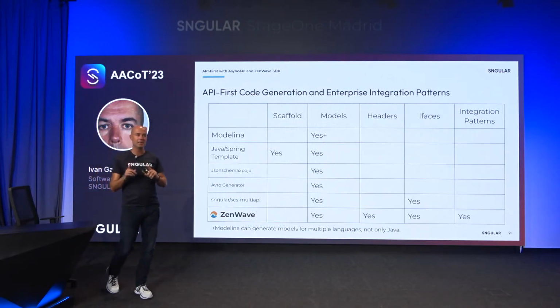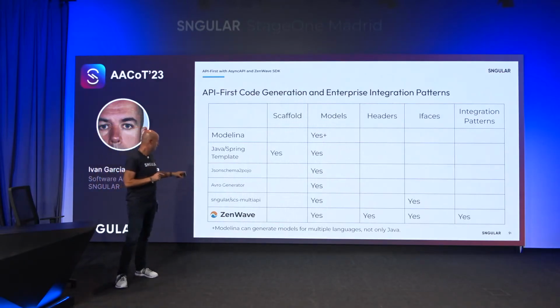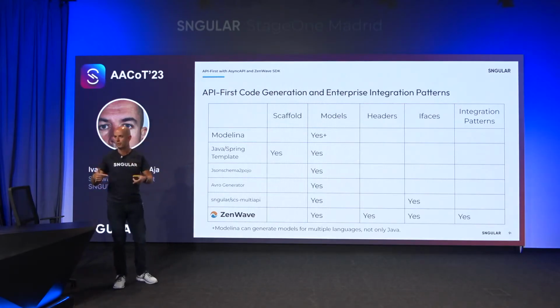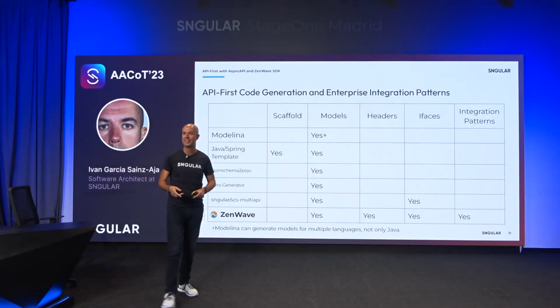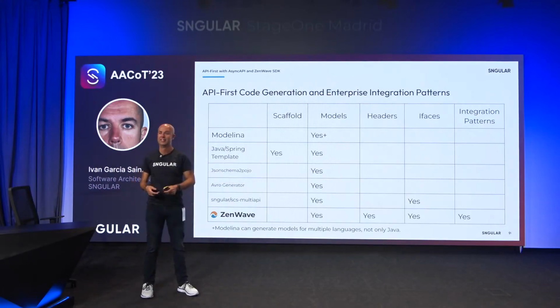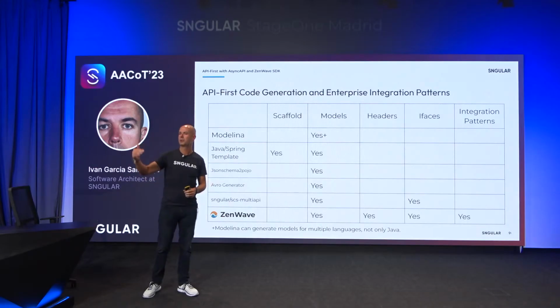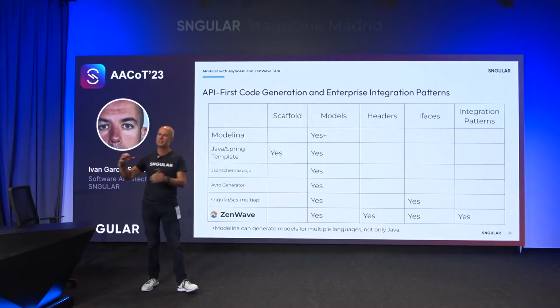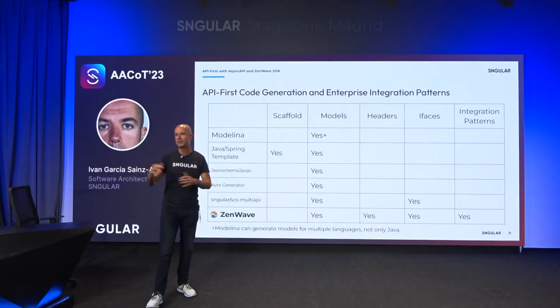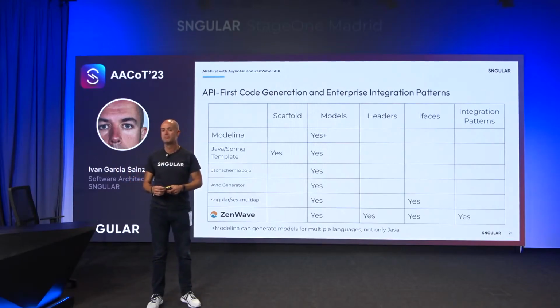And there is an exception, because recently there is also a code generator, written in Singular, which is the multi-API code generator that follows a similar approach. It generates some interface with a basic implementation behind it using Spring Cloud Streams.